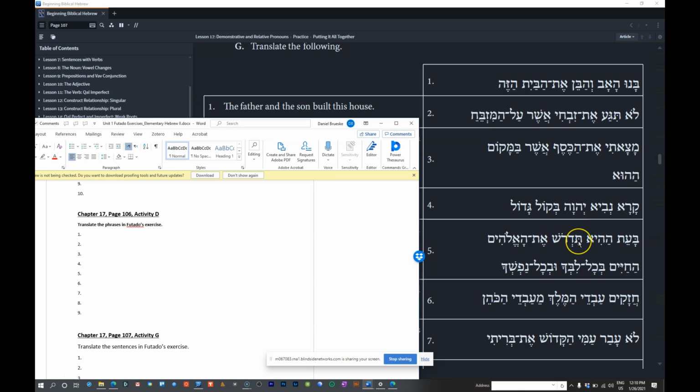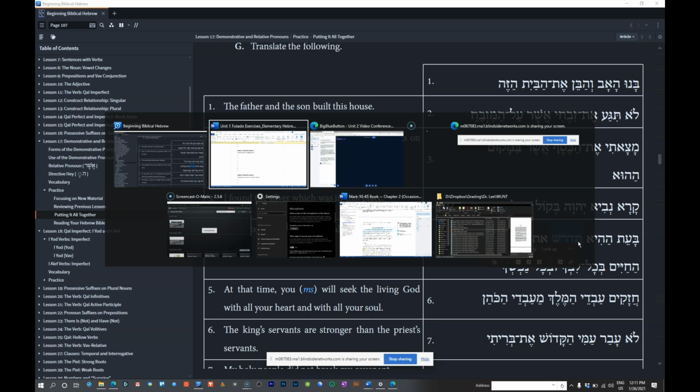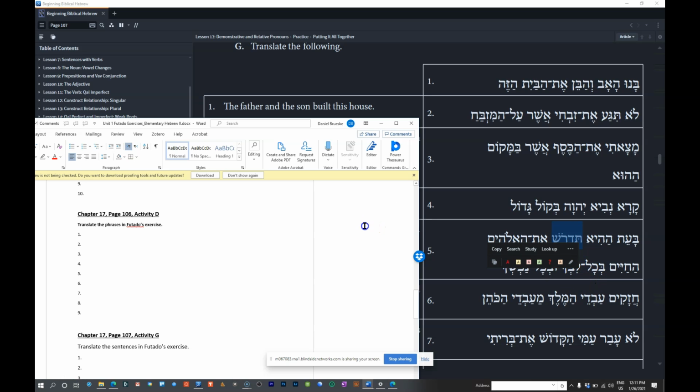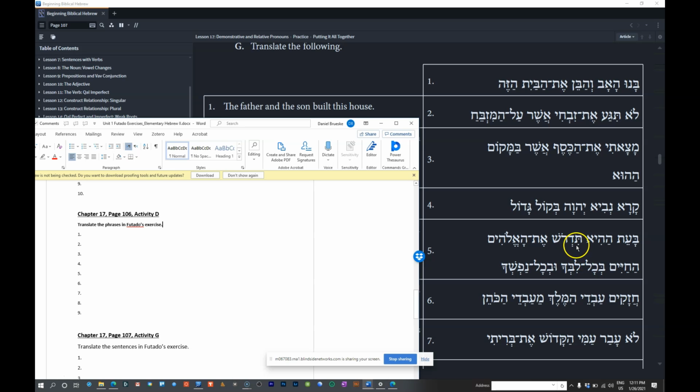Now, the tav prefix indicates that this is cal imperfect, and it's either 3fs or 2ms. So we have to decide which one it is. If it's 3fs, we would translate it as she will seek or she will inquire. If it's 2ms, it will be, I'm sorry, not he, you will seek or you will inquire. But we need more context to determine which one we should go with here. All right, so we'll set that aside for now. We'll move on.